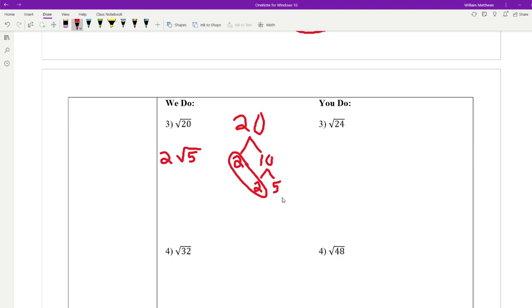And our extra number that did not have a pair stays inside our root symbol, our radical. So my answer is a combination of the pair and the extra number: 2 times the square root of 5.